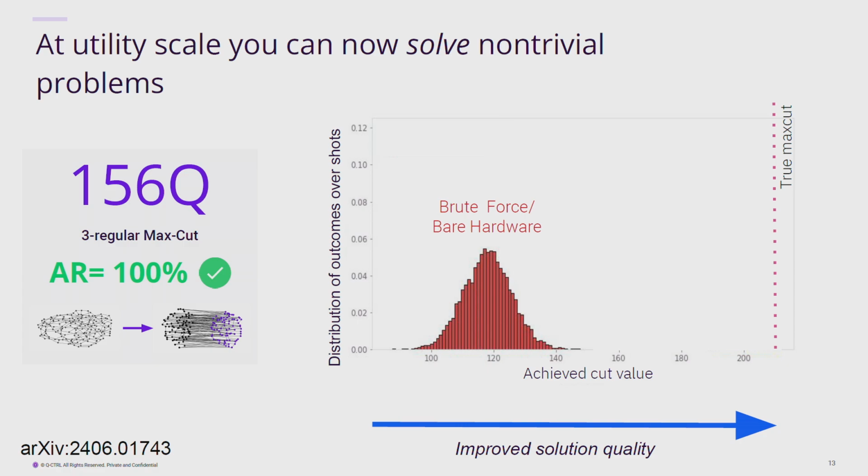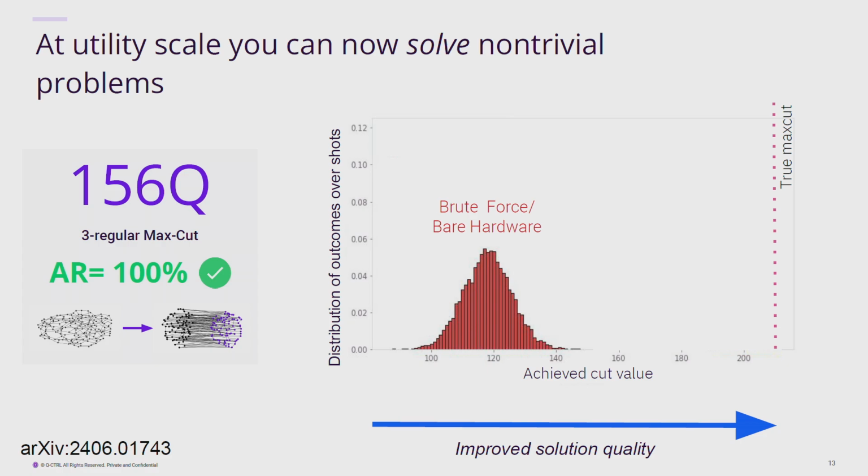So actually what we showed is that we can solve those kinds of problems at utility scale. We solved for 156 qubits, pretty much the whole device on IBM, with this graph with 3-regular cuts. What we see here in red is the distribution that you have with brute force, where we just look at the outputs, do a histogram of the outputs, and see what cuts you get.